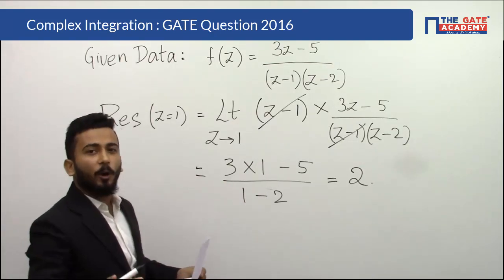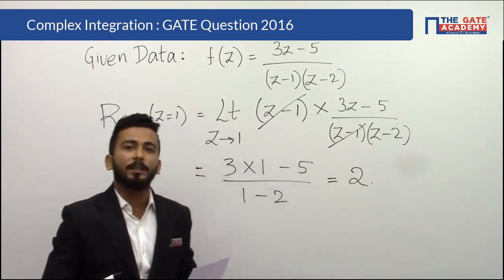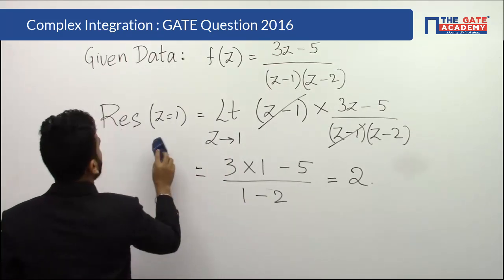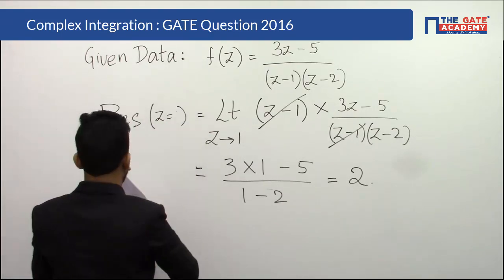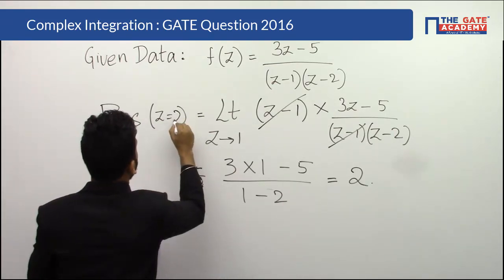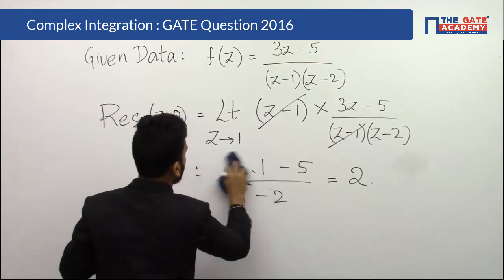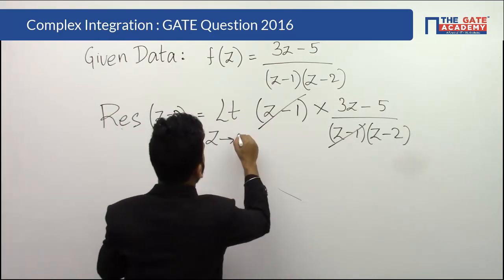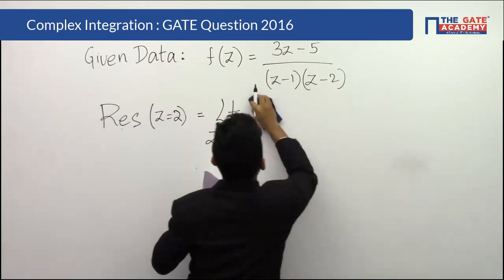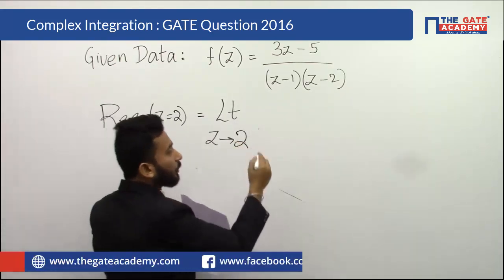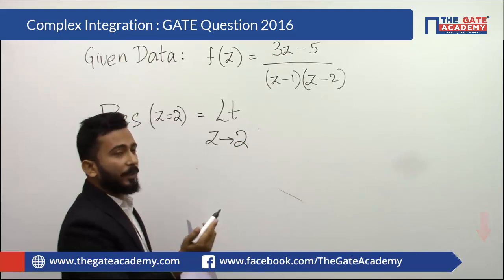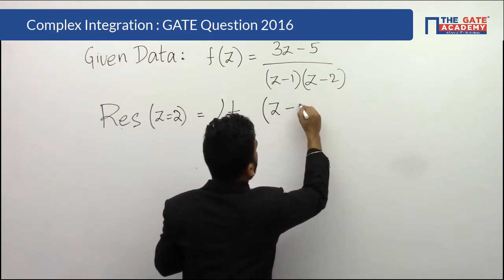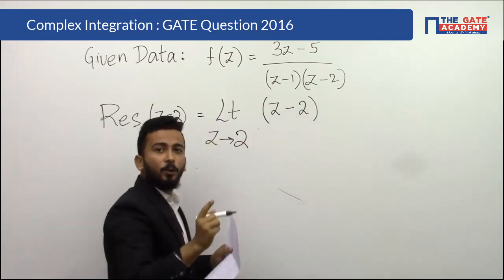Now let us do the same for the other singular point, that is, z is equal to 2. We will follow the same steps as we did previously, that is, (z minus the point at which we are going to find the residue) into the function itself.